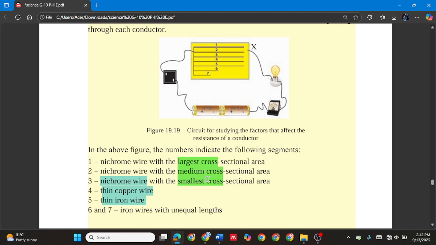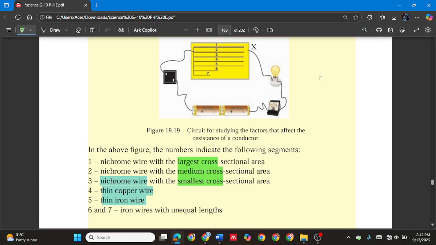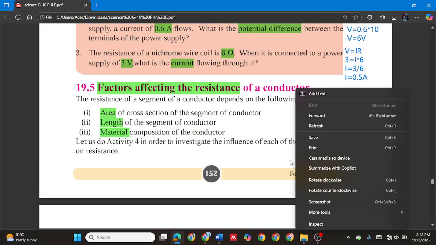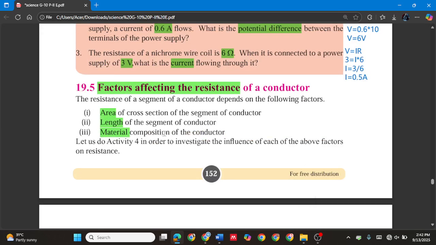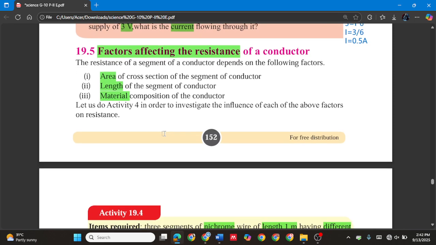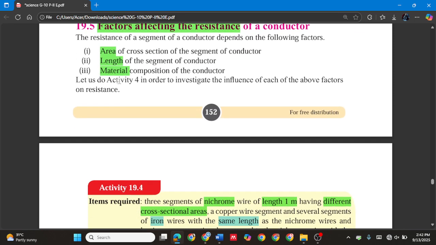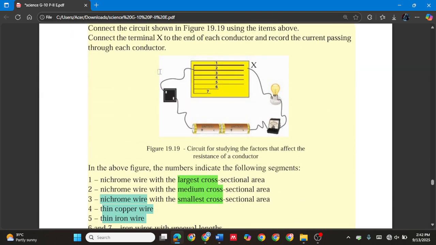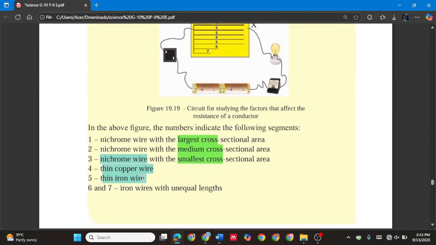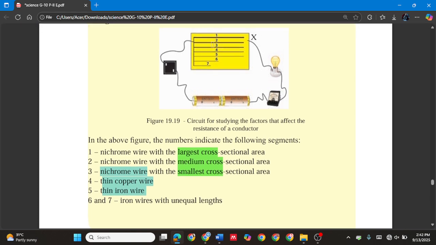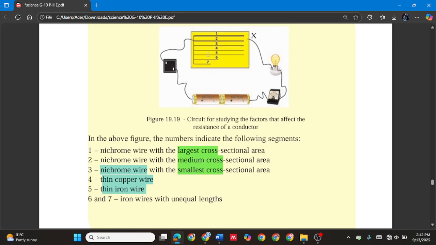And so this is for the first factor. To identify the first factor, remember this area factor, it is for the area factor from the same metal, using the same conductor. And for the third one, material composition, the 3 materials here are all the same wire, but with different composition.